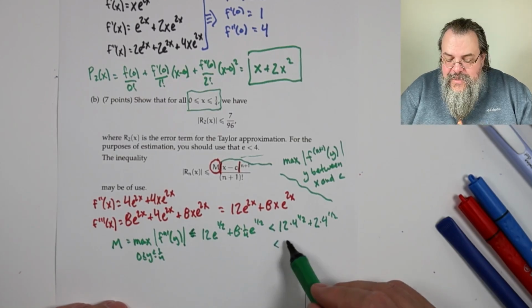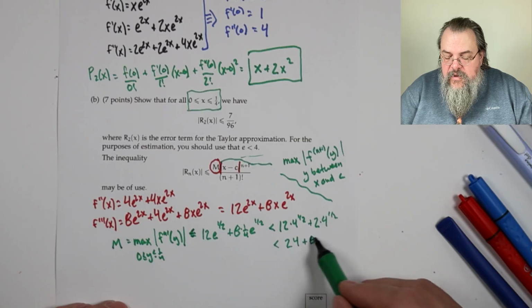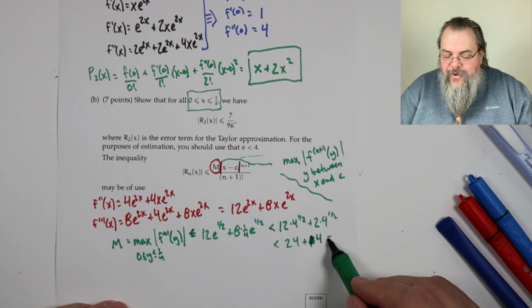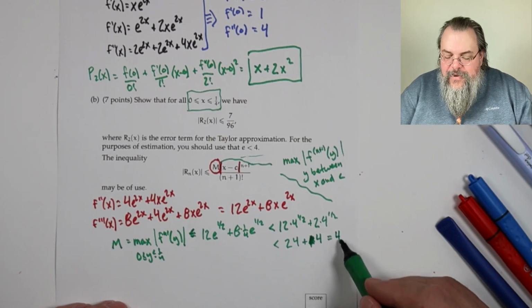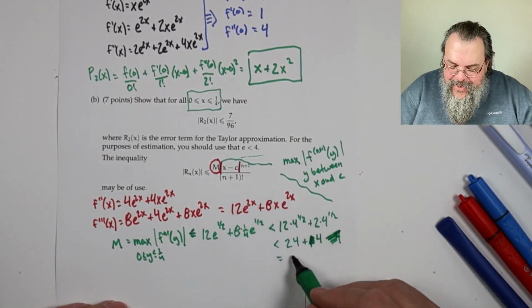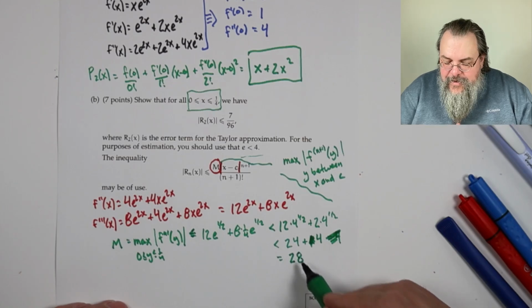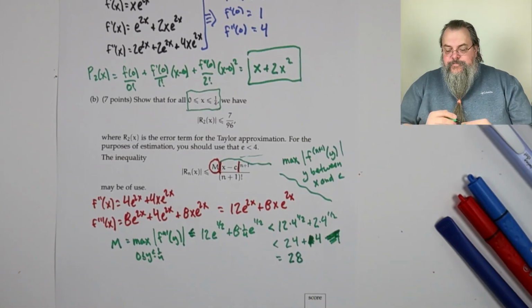So this is less than 12 times 2 makes 24, and 2 times 2 makes 4. I can do that. And 24 plus 4, I'm getting ahead of myself because I see where the computation is going. That is 28.